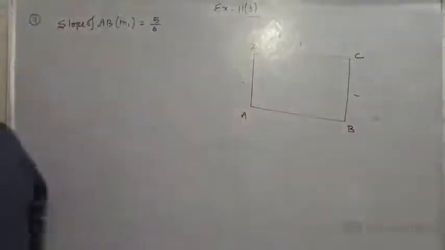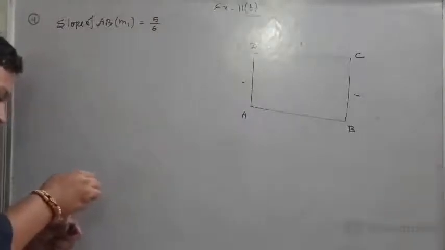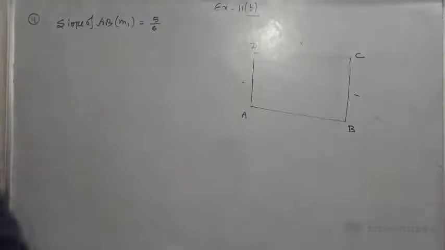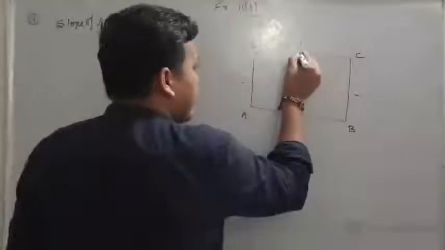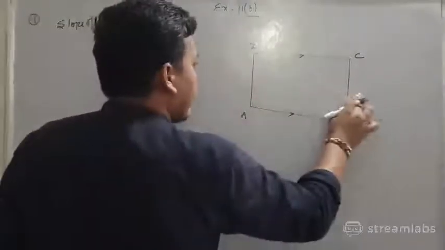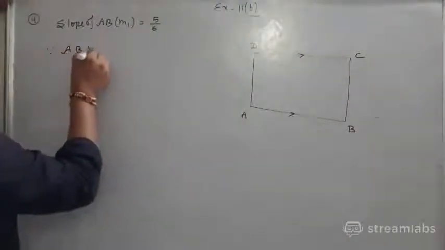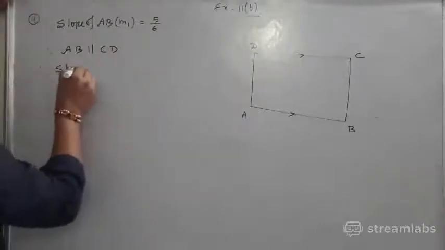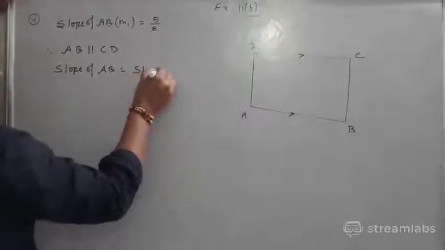बहुत simple सा question है. This is a very very simple one. How can we calculate the slope of all the remaining sides? Please tell me first. Sir, can you calculate the slope? Yes. This is the rectangle and AB and CD are parallel, so the slope of AB and the slope of CD are equal. Since AB is parallel to CD, therefore slope of AB is equal to slope of CD.